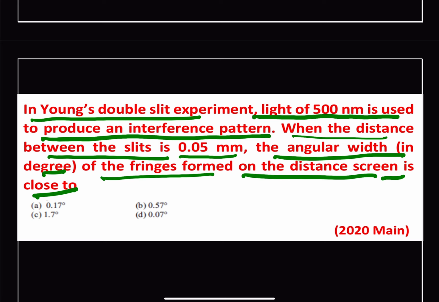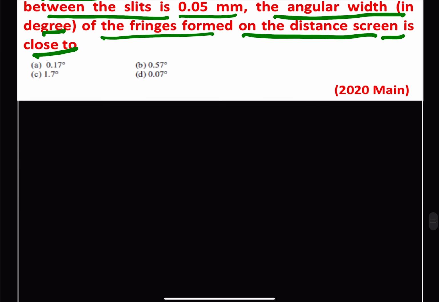And we know that if the angular width is given as theta, then this theta is approximately equal to lambda divided by small d. And we can convert it to the required format. This is directly based on the formula, so the angular width in radians is theta equal to lambda by small d, and we substitute the values.